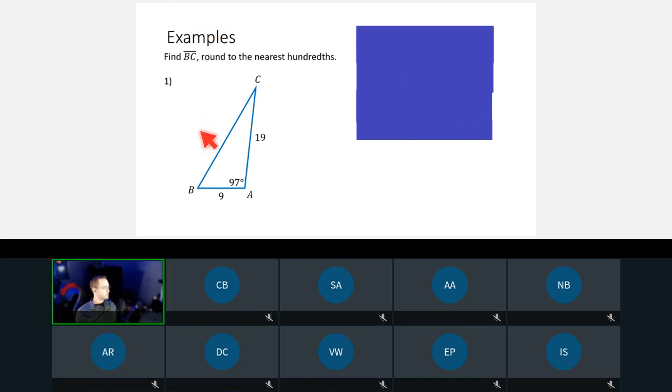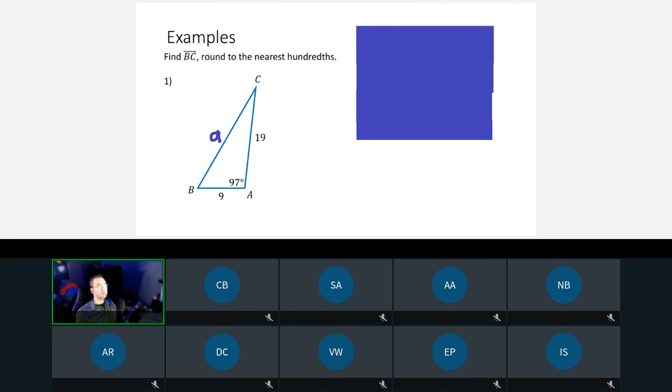So we're trying to solve for BC, which is opposite of angle A. So I'll just call that little a. So yeah, this would be a side angle side. So yeah, law of cosines.